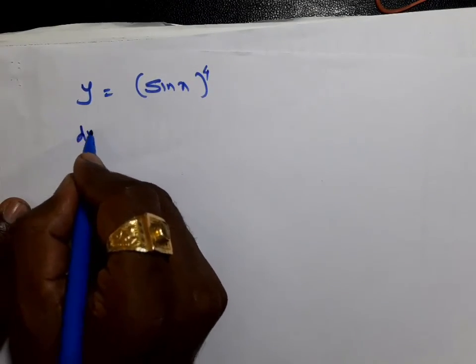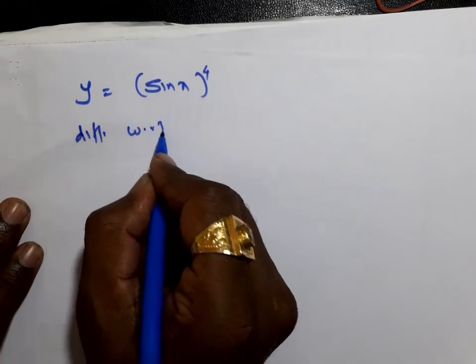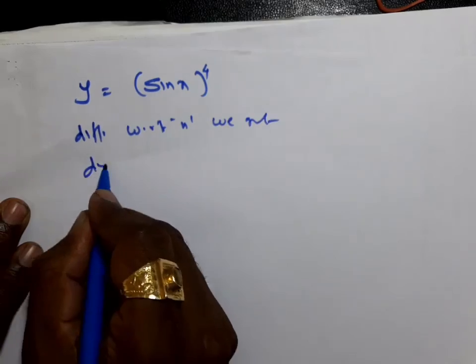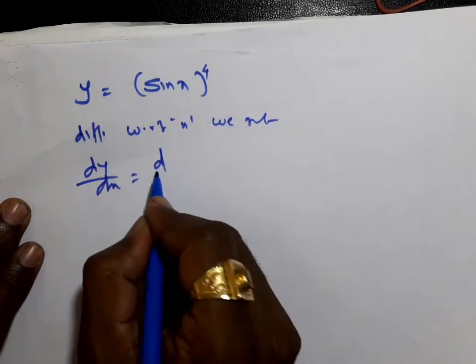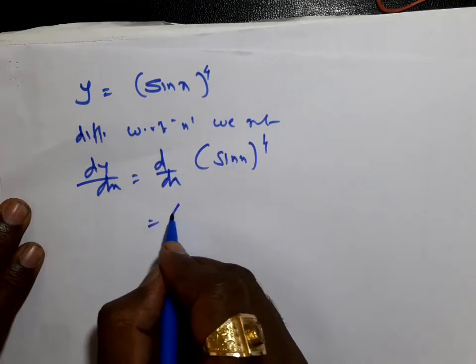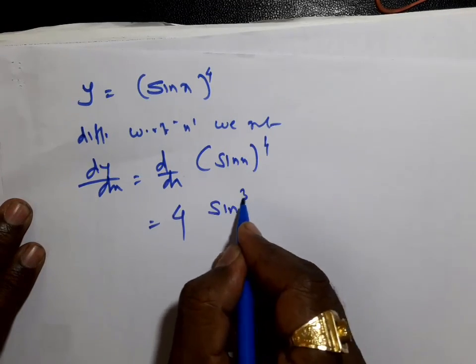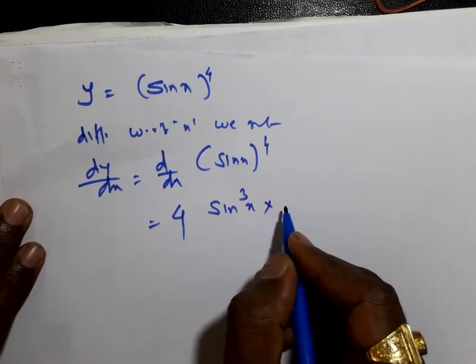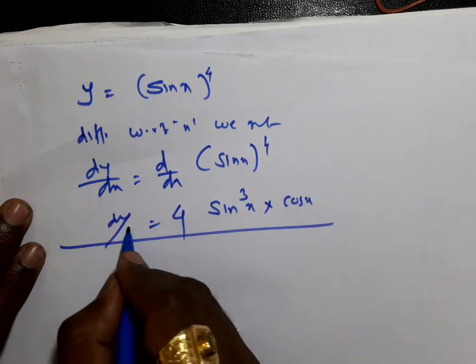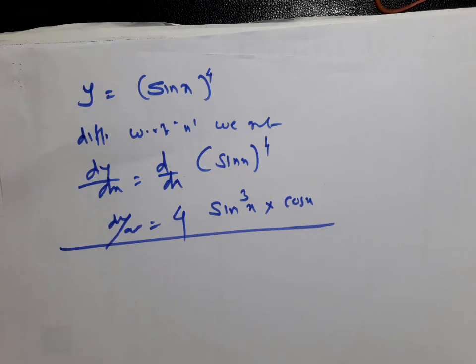Then differentiate with respect to x. We get dy by dx equals d/dx of sin x raised to 4. It is 4 sin raised to 3 x into cos x. Very short. If you have the practice, then you can write the answers in a short form also.